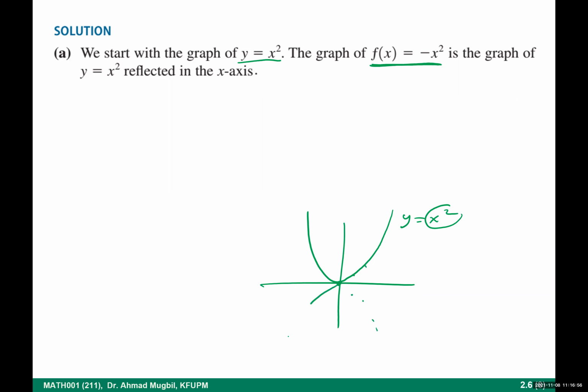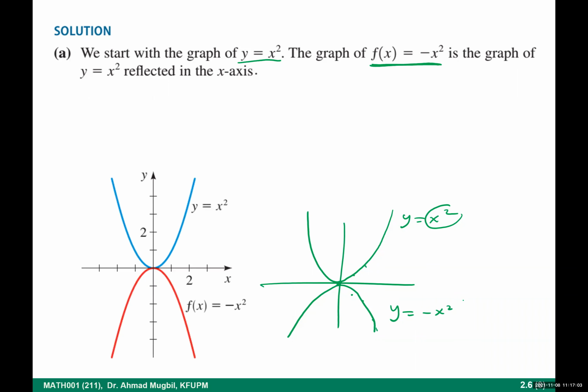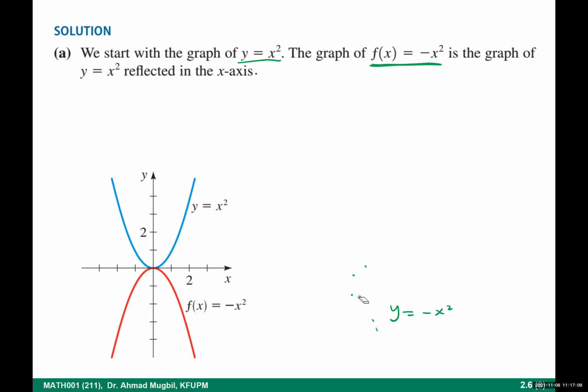And you will have the reflection. The graph of y equals negative x squared is the reflection of the graph of x squared in the x-axis. You can verify that what you are saying is right by choosing some points like 1, 2, and checking if it is correct or not.